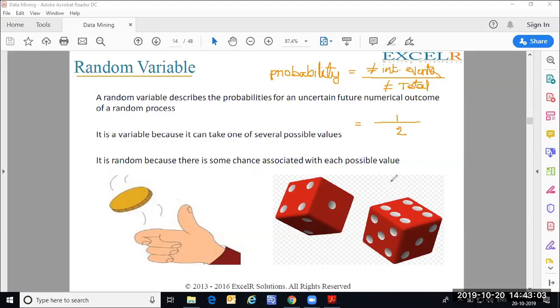The range of values that probability accepts is between 0 and, what is the range of values? 0 and 1, right? The same thing can be represented in percentages as well. 0.5 means there is a 50% chance that we would get head as an outcome.